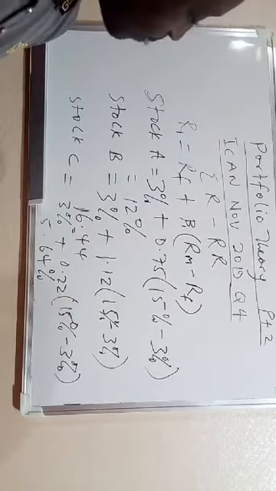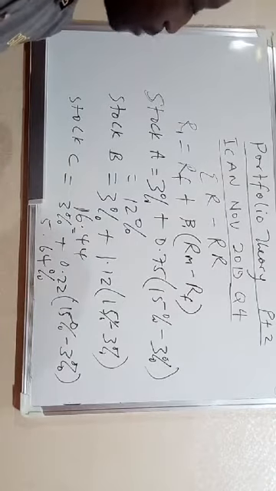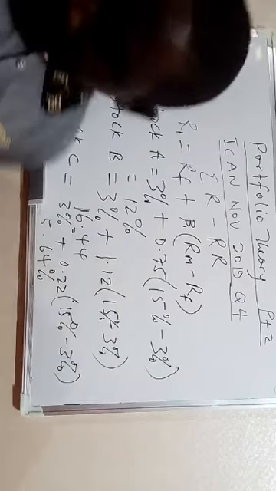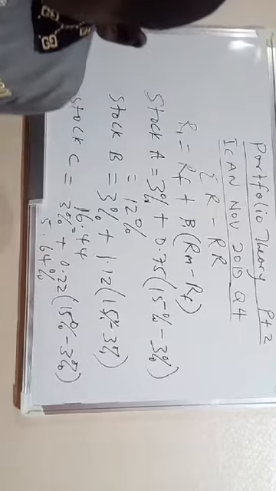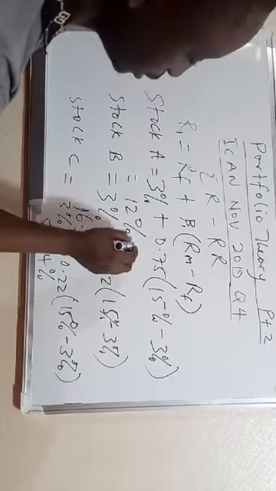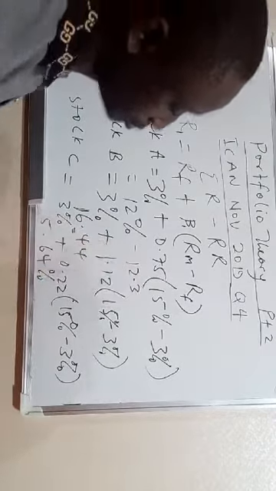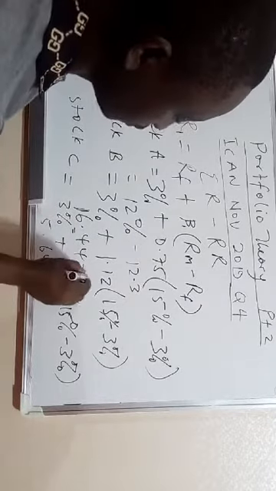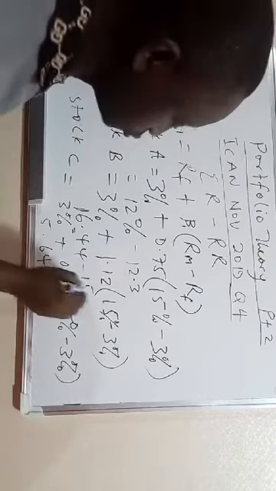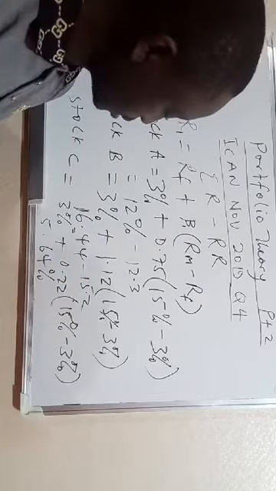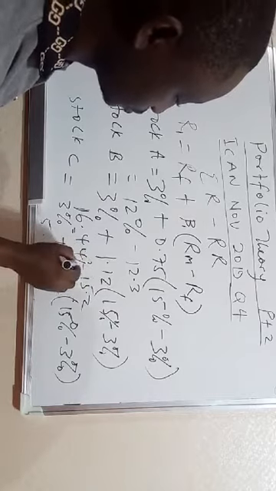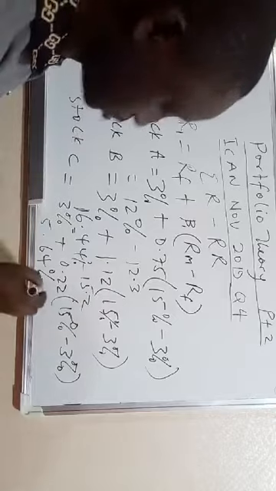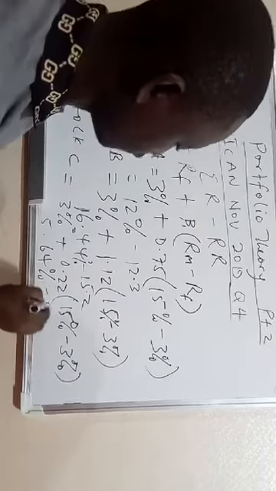So we now compare the expected. What is the expected for stock A according to the question? The expected for stock A is 12.3. The expected in stock B is 15.2. The expected in stock C is 5.60.